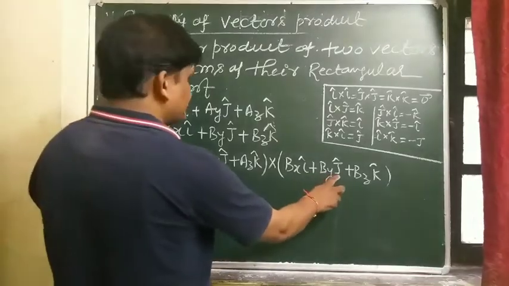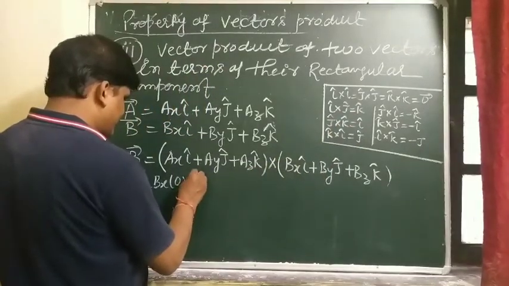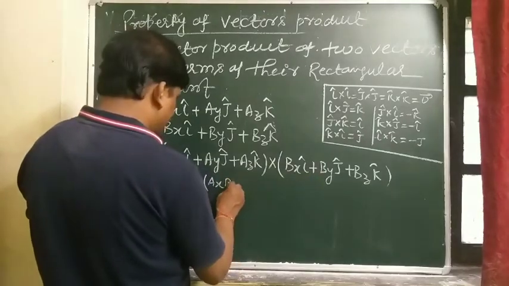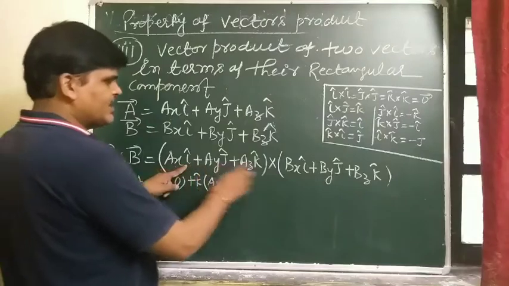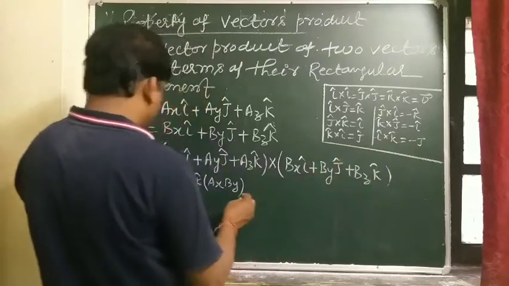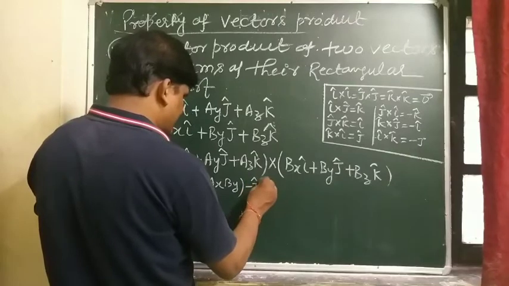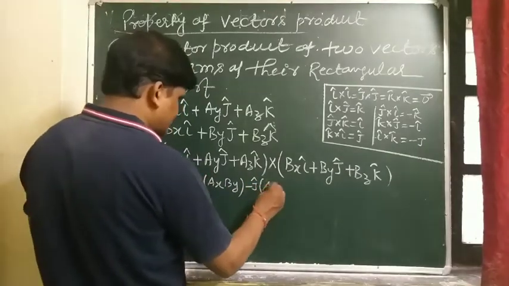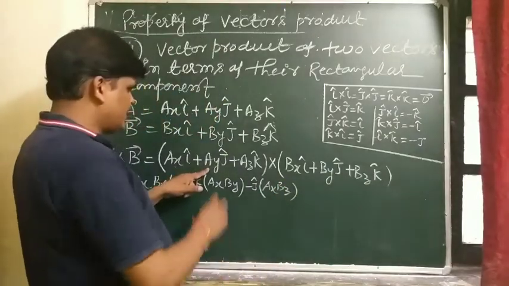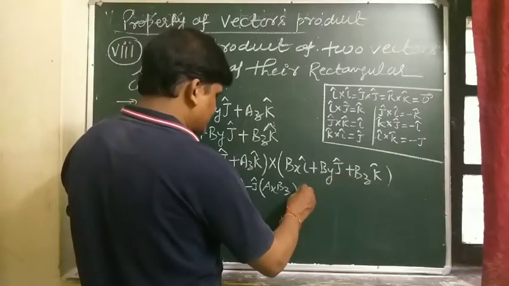Now i cross j is k, so we write here k in brackets, Ax By. Next, i cross k is minus j, so we write minus j, and Ax Bz. Clear?